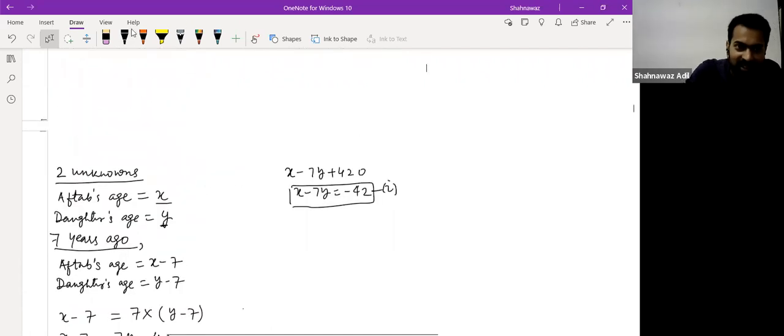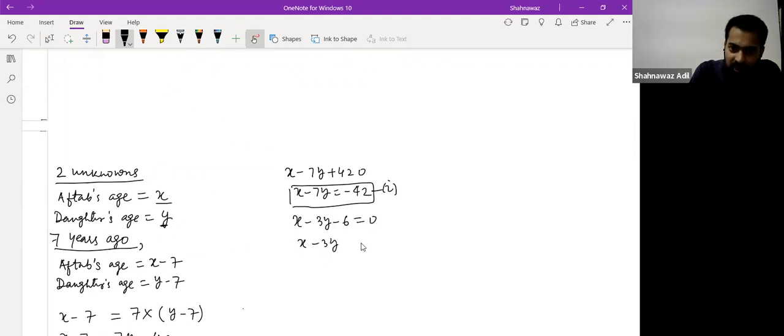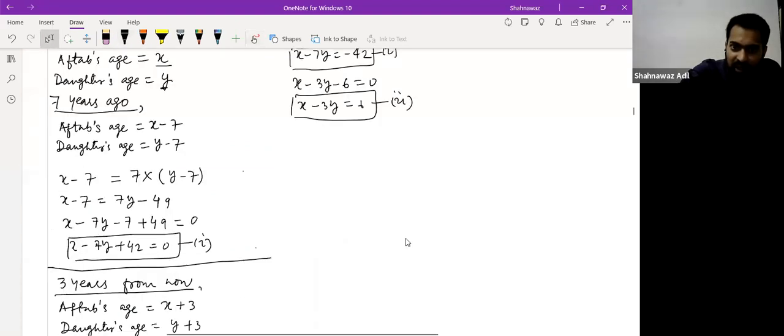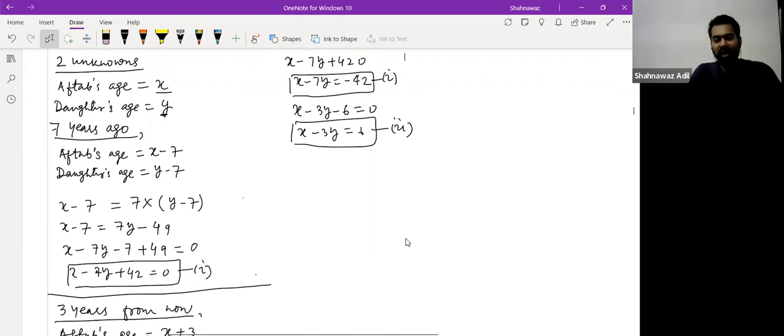So x minus 3y minus 6 equals 0 and x minus 3y equals 6, right? So Adil, these are the 2 equations. Now what we do normally is, first tell me, to draw a straight line, how many minimum number of points do you need?